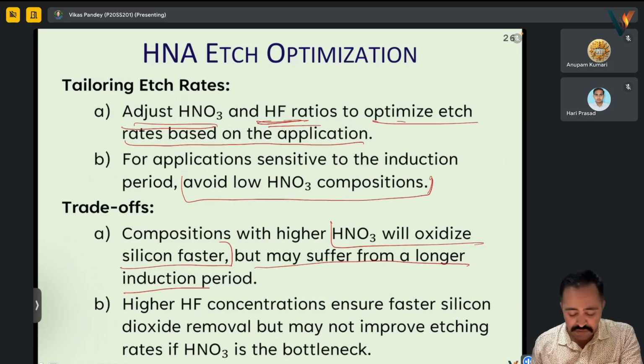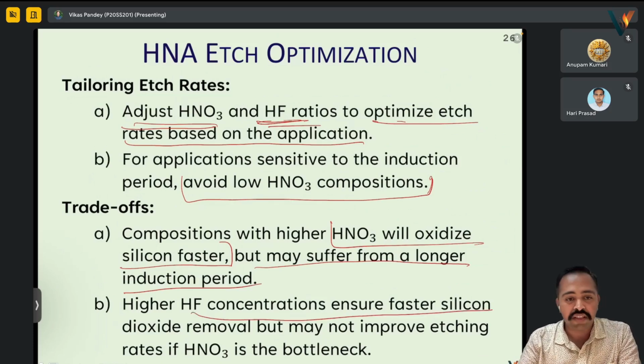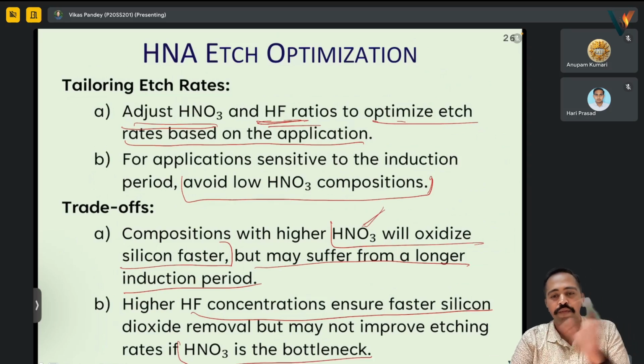Higher HF concentration will ensure faster silicon dioxide removal, but if it is too much in the system, HNO3 will be less, and then HNO3 will become the bottleneck. So we have to optimize based on the combination of these.